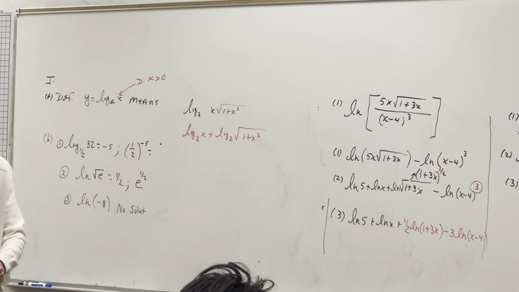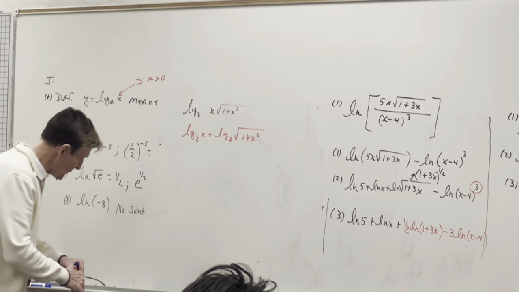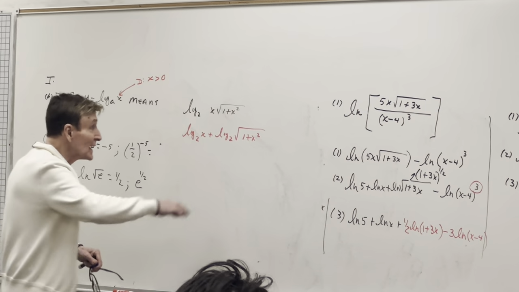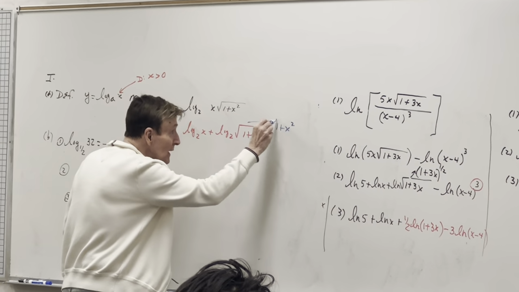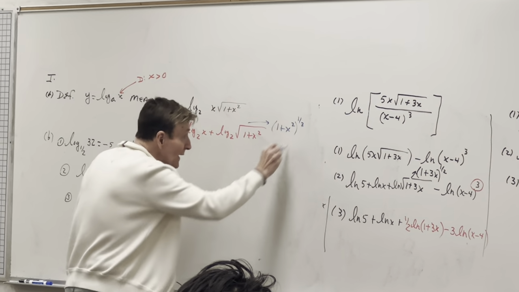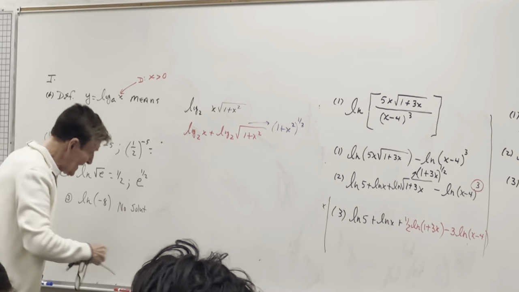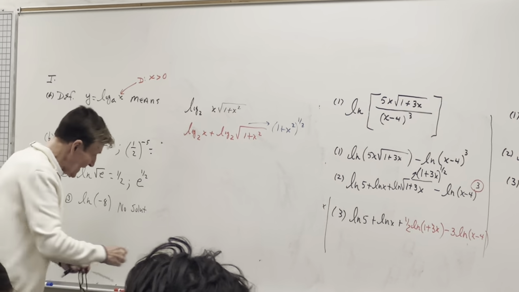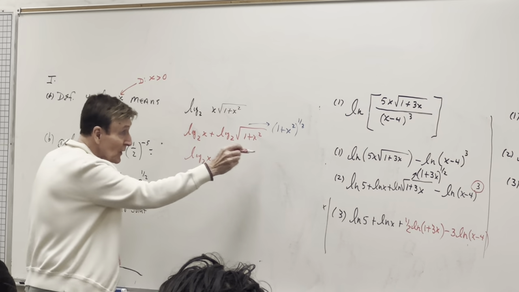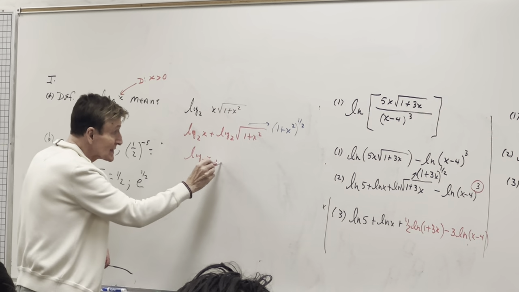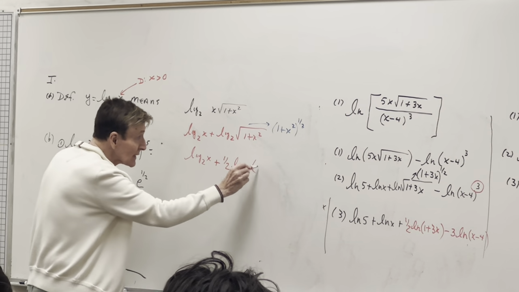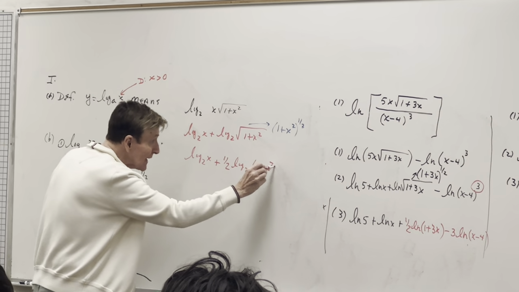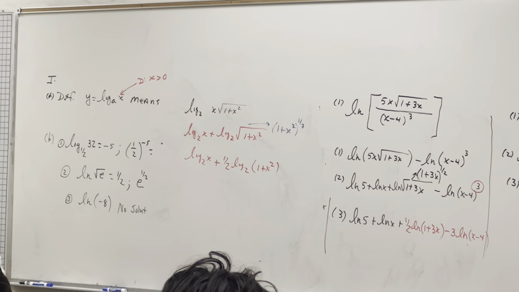No. That square root actually could be written as a power. So this says right here, Professor, don't stop. This means 1 plus x squared raised to what? 1/2. Now I have a power involved. To finish this up, we have log base 2 of x, which stays as it is. Now this 1/2 can be moved out front, power property, and have log base 2, well, it looks like what is left is this. Do we agree?